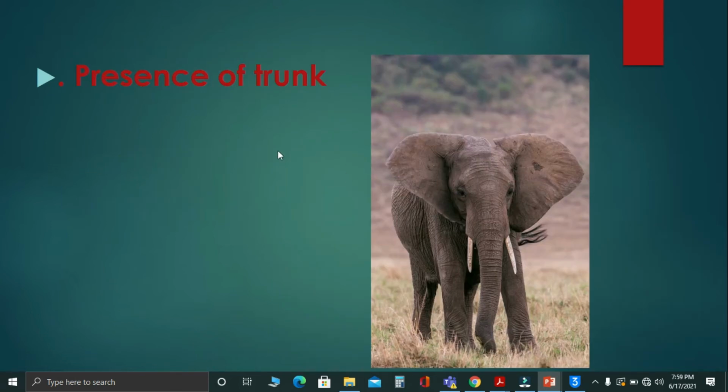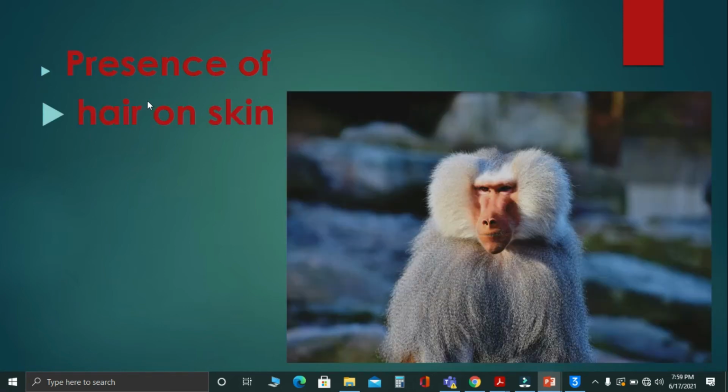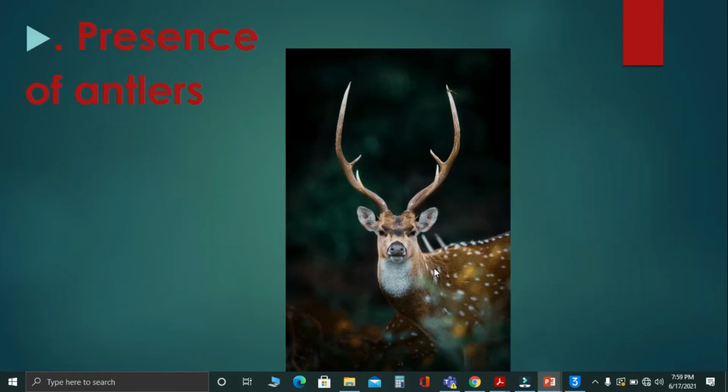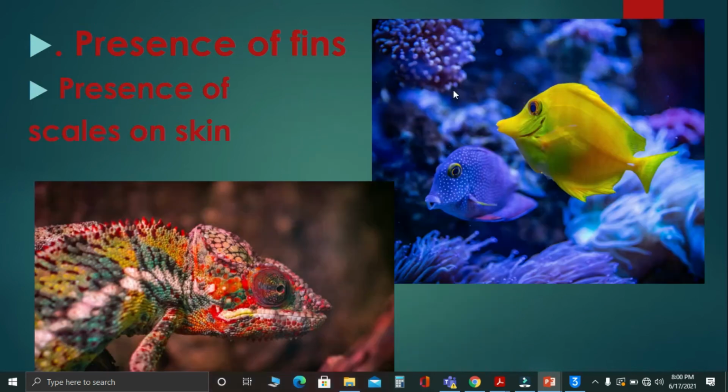And presence of trunk. This elephant has a trunk. If there is an elephant in your group, we can use presence of trunk. Presence of hair on skin, we can use this feature also. Presence of antlers, this one, antlers.